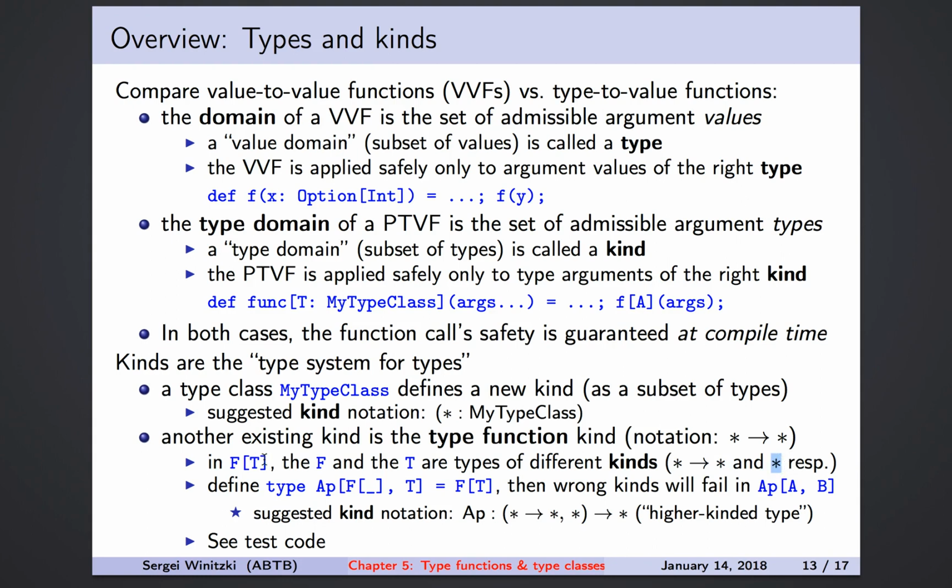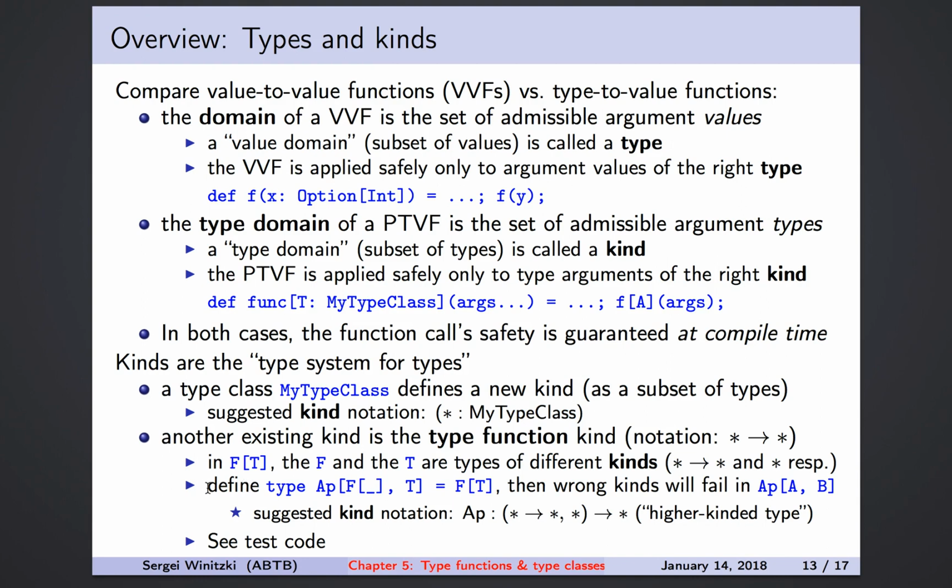T is just a basic type. The kind of f is the function from basic type to basic type. So this is the kind notation. Star means the basic type, arrow means a function, and colon with type class, I suggest to use that for type classes.